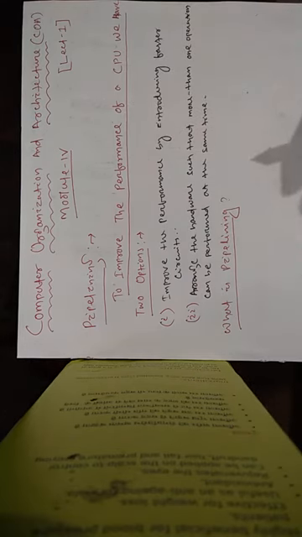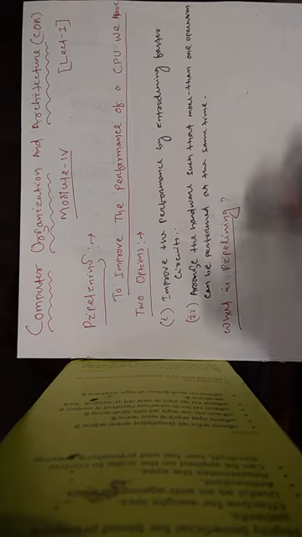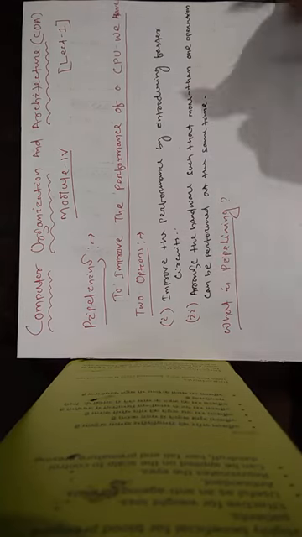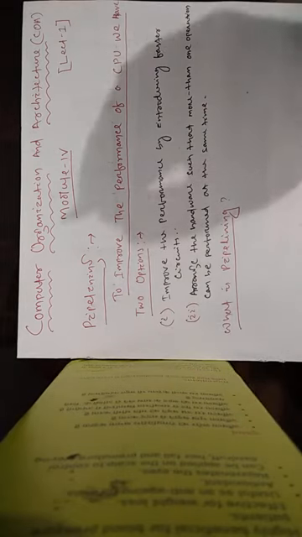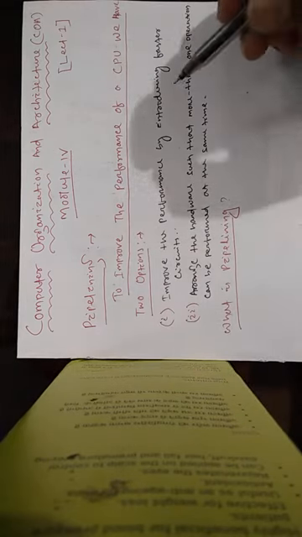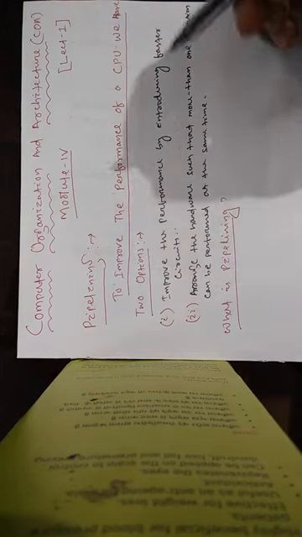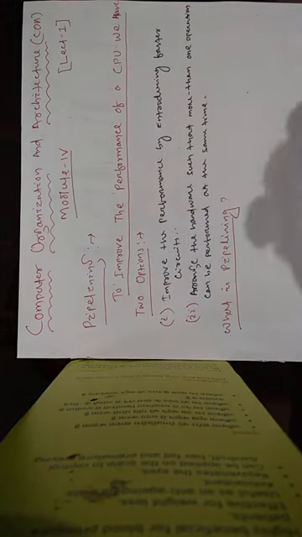In the second option, whatever hardware components we have, we arrange them in a proper manner, through which we can not only increase the performance of a CPU, we can also perform more than one operation at the same time.